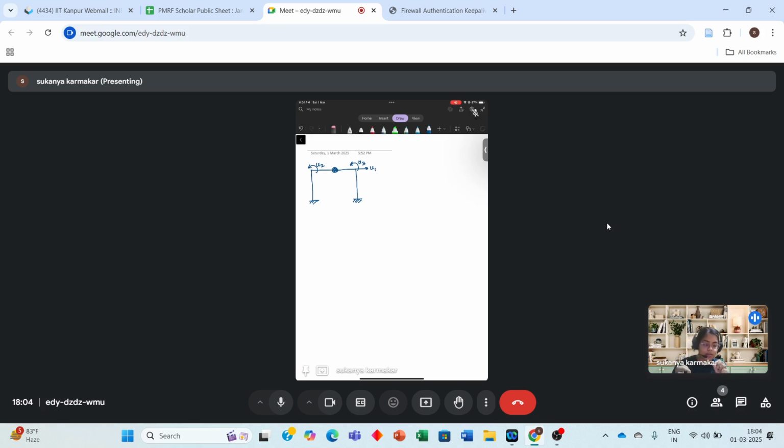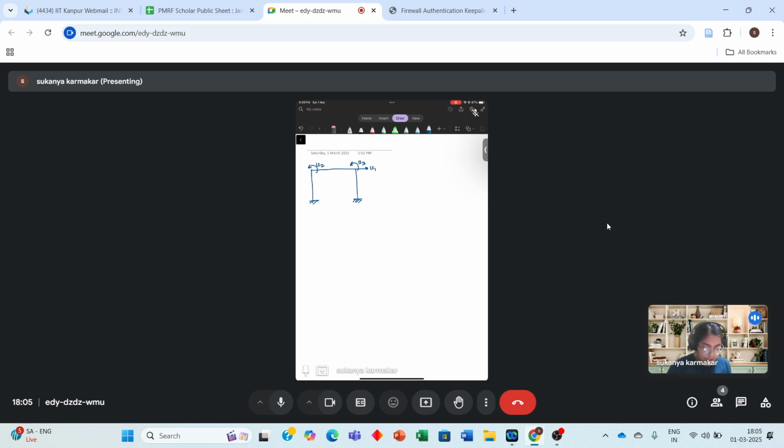Static condensation is the method by which, from the 3 kinematic degrees of freedom, you condense the stiffness matrix and get only the lateral stiffness, which is required for solving the problem.